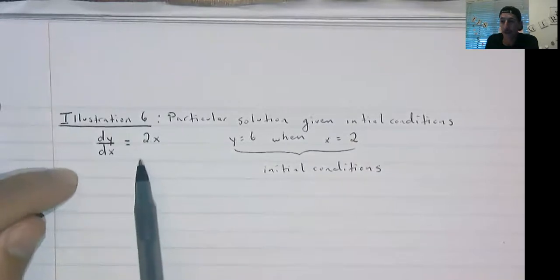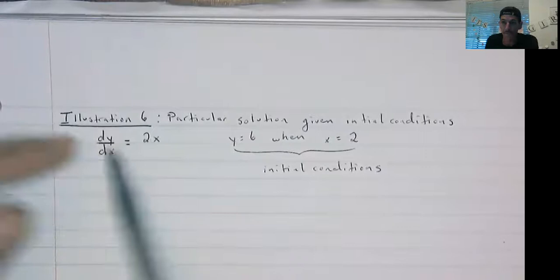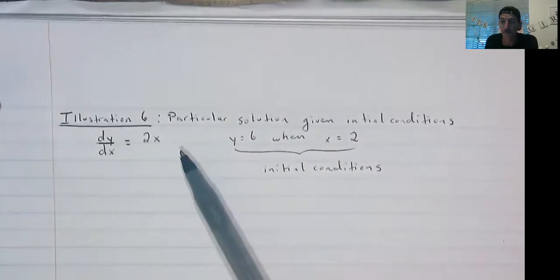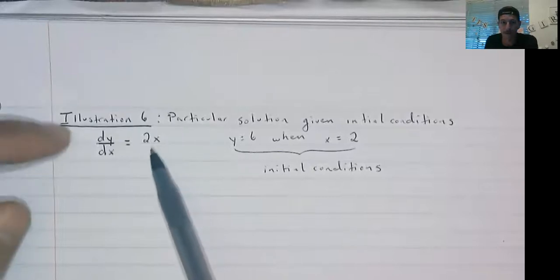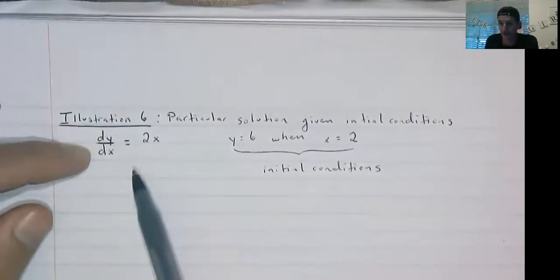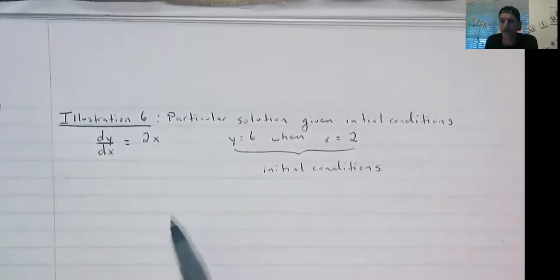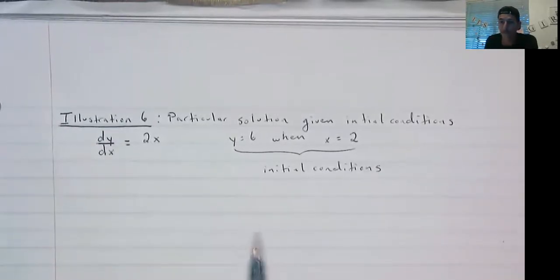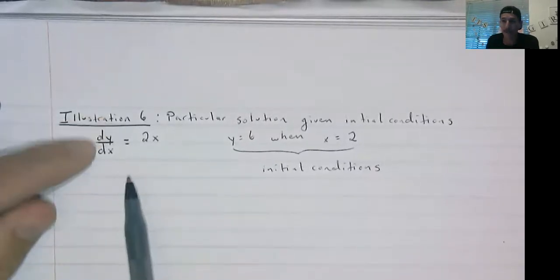But it's also a ratio of two different things. This fraction bar generally notates a fraction or a quotient or a division process. That dy is literally being divided by dx. What the heck are dy and dx? We're not going to get super hung up on what they are, but you just need to be okay with the fact that this is an actual ratio that we can separate.